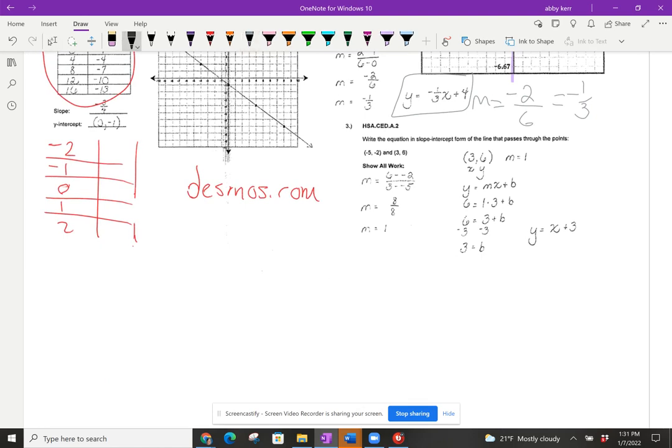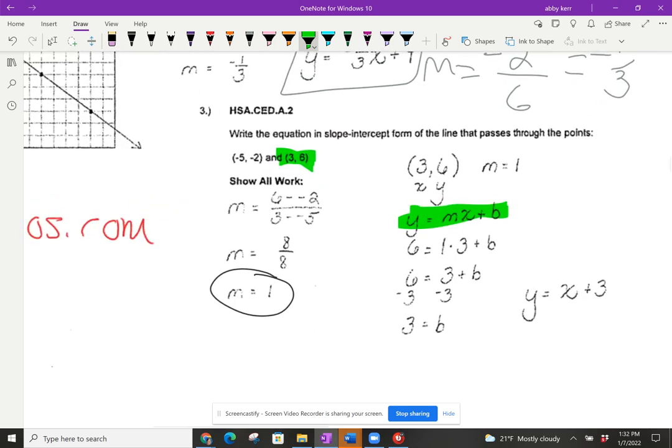For number 3, it's a little more involved than that. You want to pick your x1, y1, x2, y2. Calculate the slope. In this case, it's 1. And then you're going to have to do a triple substitution. So what I've always told my students is pick the easiest ordered pair. I know 3, 6 is pretty easy because they're positives.